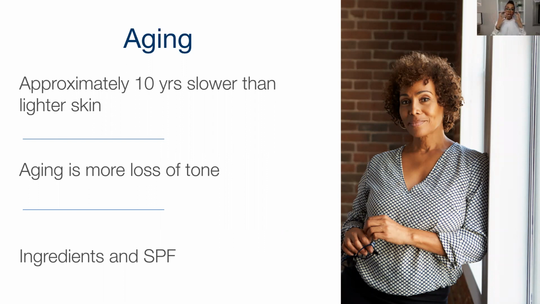Aging is more of the loss of tone. You're going to see the redistribution of fat within the skin, more of the jowls at the bottom of the face. This is why peptides and collagen synthesis ingredients are so important, because we are also seeing shadowing in the skin. I'm not talking hyperpigmentation because of the sun, and I'm not talking about hyperpigmentation because of inflammation.